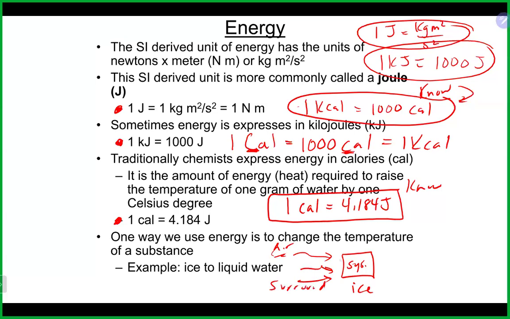A natural process is that the ice cube will pick up energy from the air and start to melt. That's because heat flows from hot to cold. So the flow of heat always goes from hot to cold.